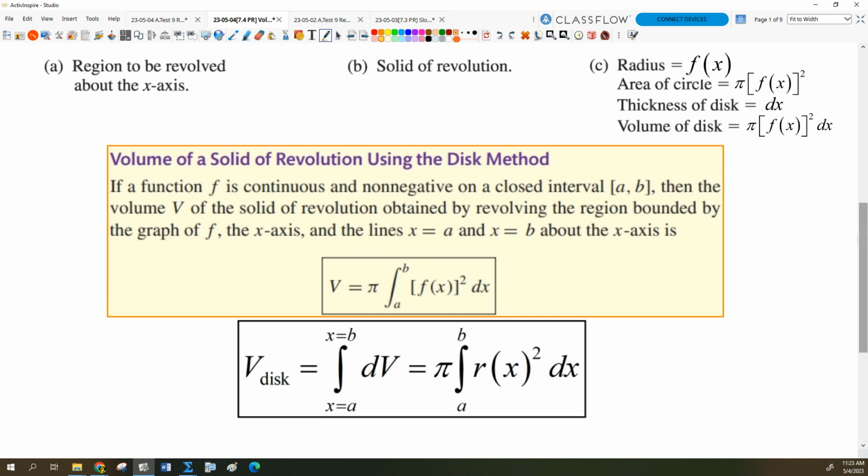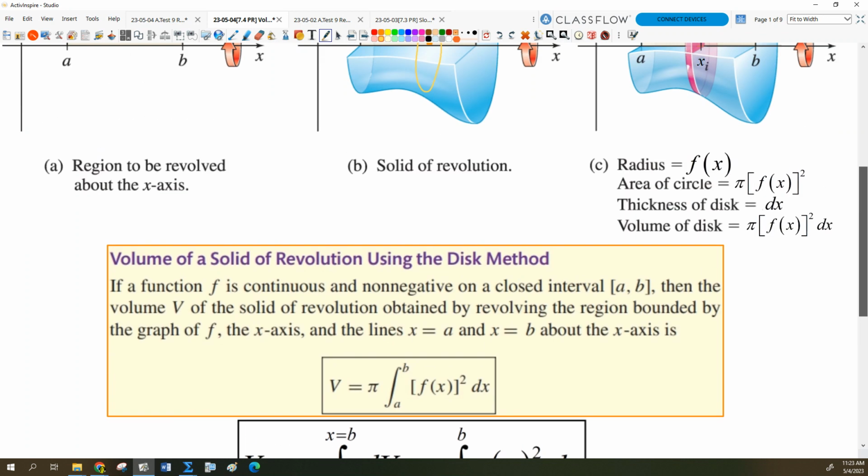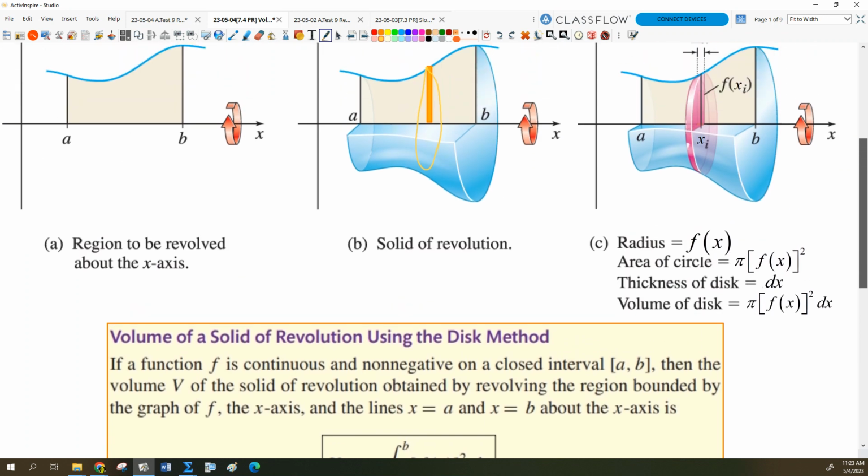So we want to set up for each individual coin, the solid of revolution. The radius of the coin is going to be the height of the function, the distance from the function to the axis of revolution, which in this case is the x-axis.